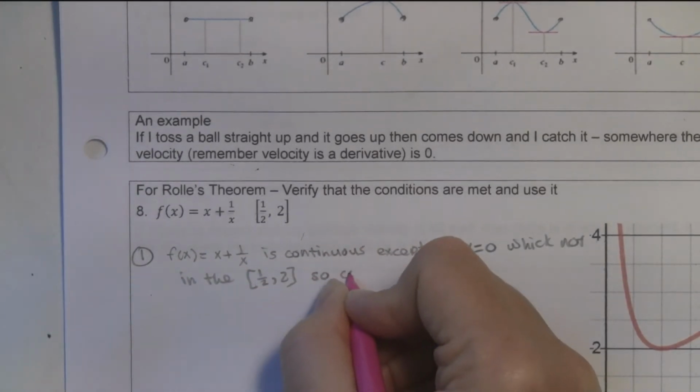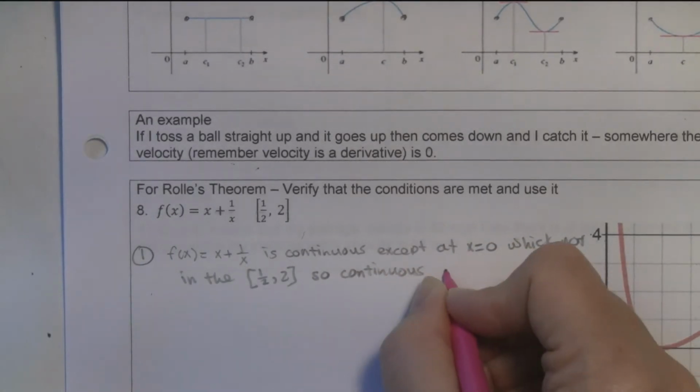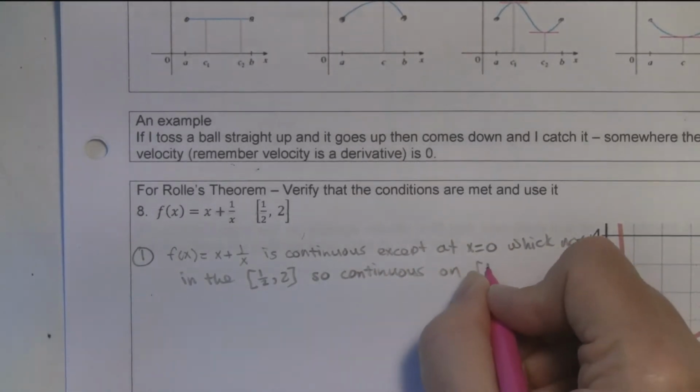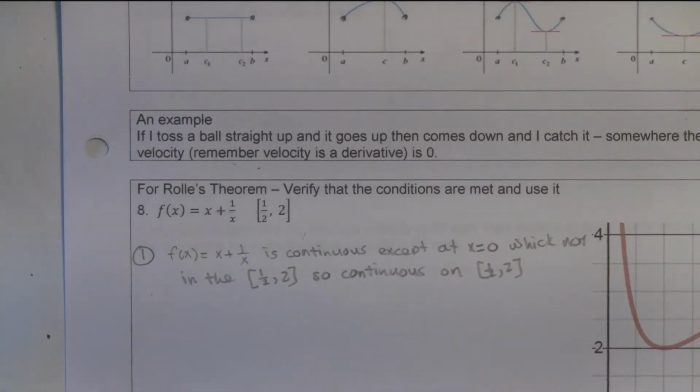So it's continuous on half to 2. I'm just wanting to make sure that everyone knows that I know. So I'm telling you where the discontinuity is. There is a discontinuity, and otherwise it's continuous.